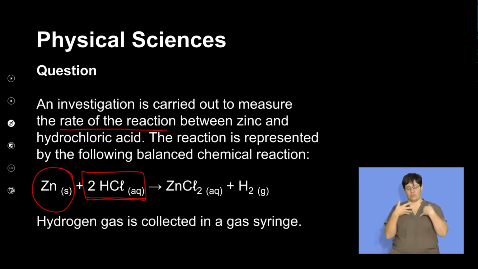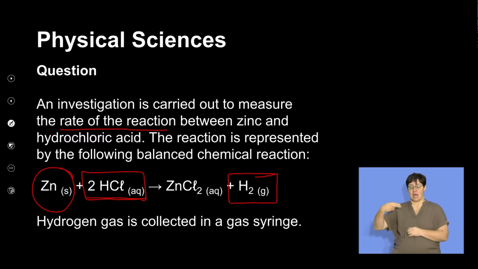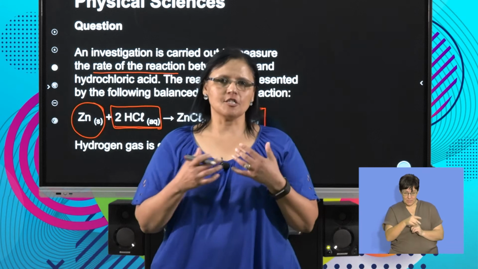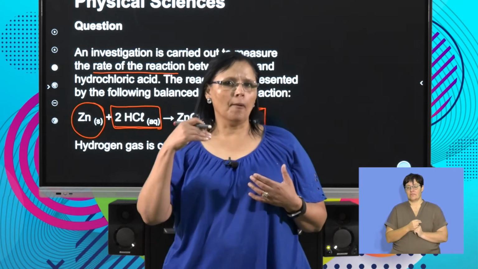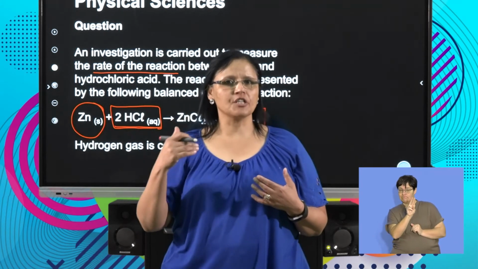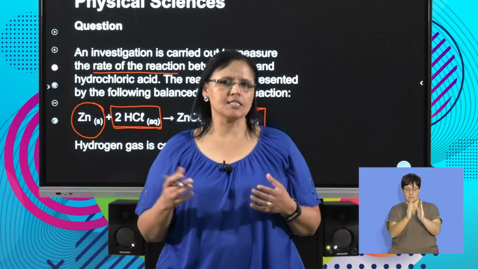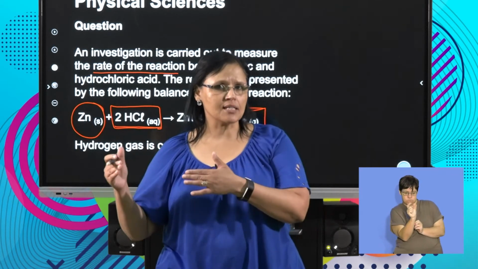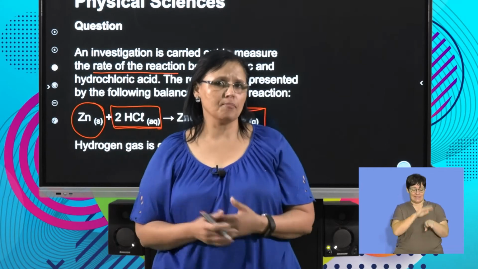Now, as you can see, the solid zinc and the hydrochloric acid will form hydrogen gas that will be released during the reaction. But they tell us here that the hydrogen gas is caught in a syringe. So just to refresh your memory again, this is where we will have to take note of the hydrogen gas over regular periods, how the volume increases with every time interval.